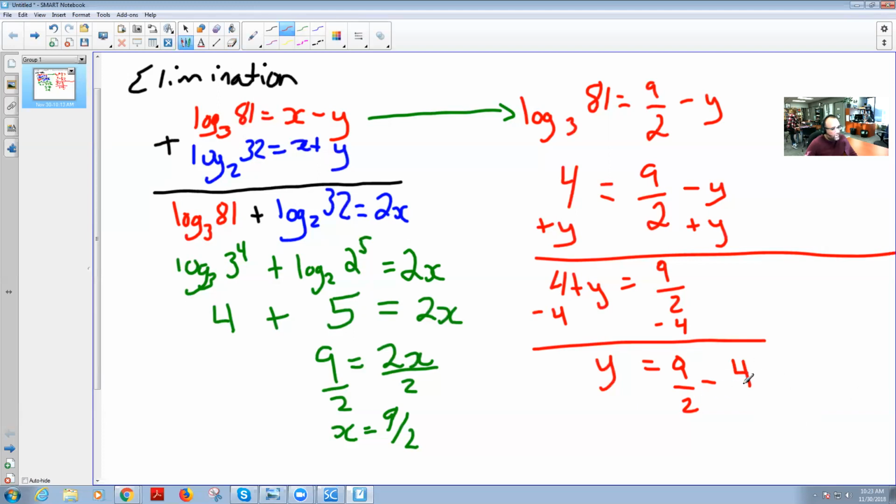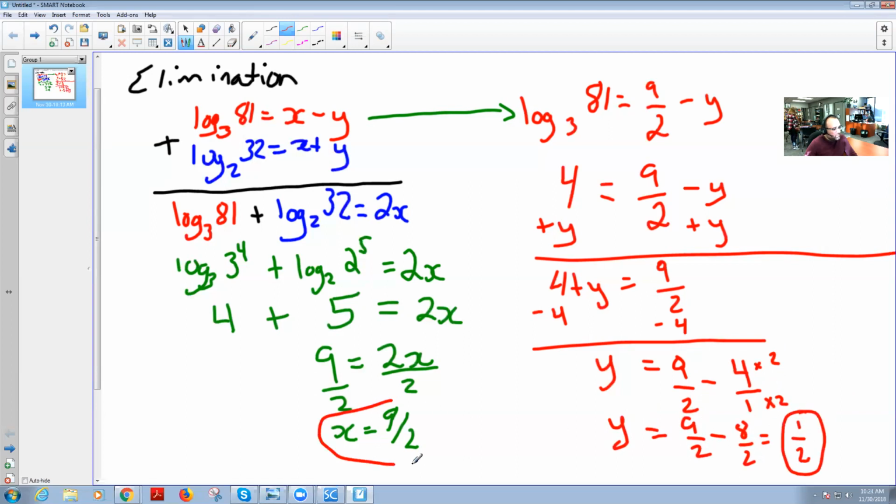To change this fraction to over 2, we need to times this by 2, times this by 2. So then y equals 9 over 2 minus 8 over 2, and you get 1 over 2. So that means our two answers are the following. x equals 9 over 2 and y equals 1.5.